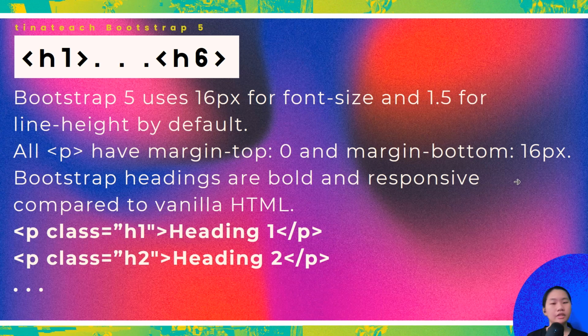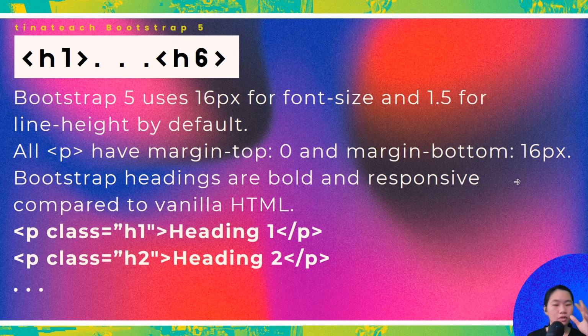In vanilla HTML, if you just use the H1 to H6 tags, you can see that the texts are way bigger. But for Bootstrap, it gives the text a bold weight, so the text will be bold. And it also gives responsiveness to the text.